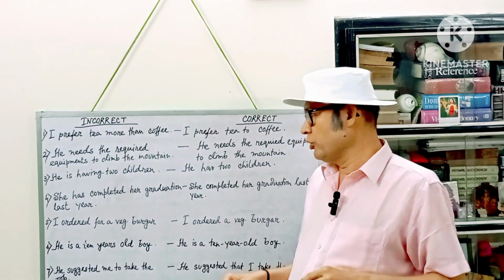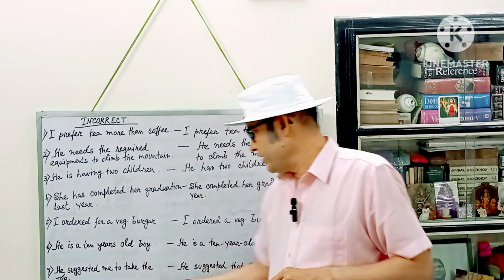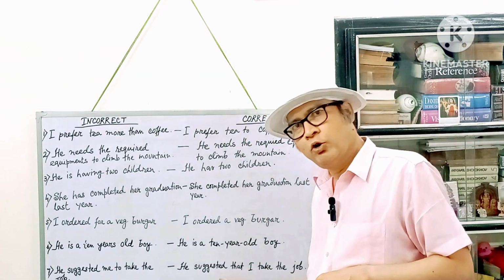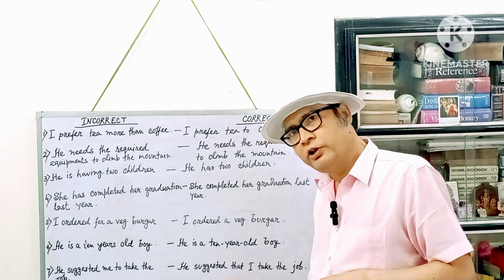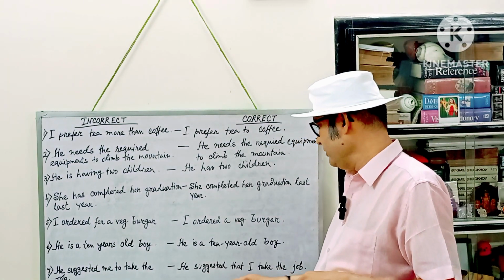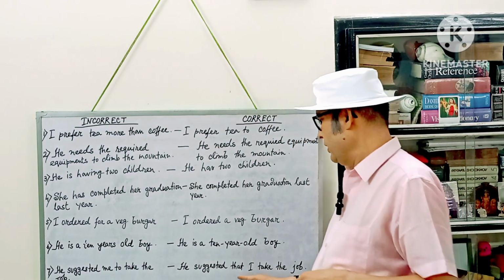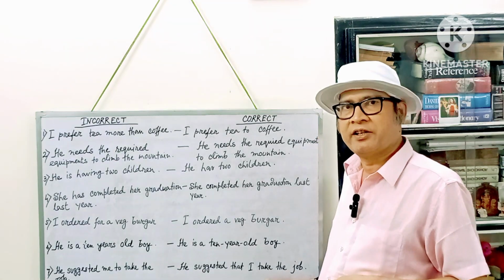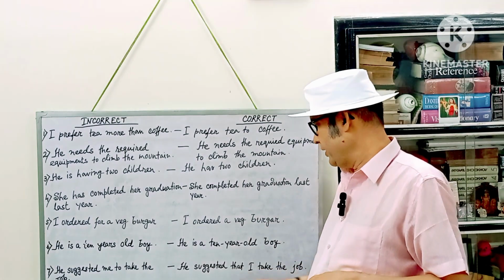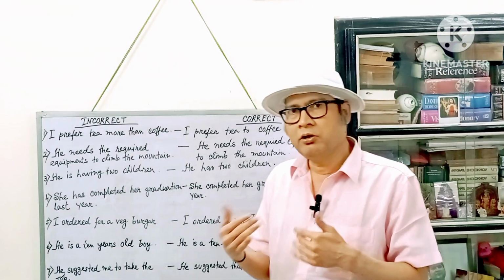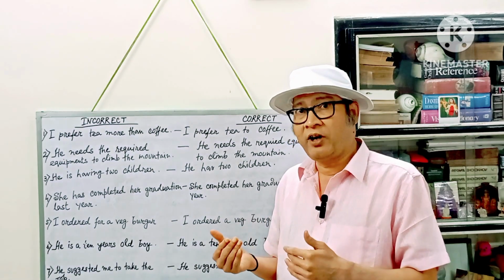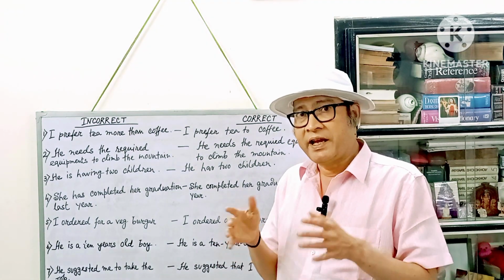And another thing also to be noticed. See here, he suggested, it is in the past tense. It is already over, the act of suggesting is already over. So he suggested. Now you see in the clause, that I take the job. It is in the present tense. It is in the past tense, it is in the present tense. But our common knowledge says that the reporting verb and the reported verb must agree.